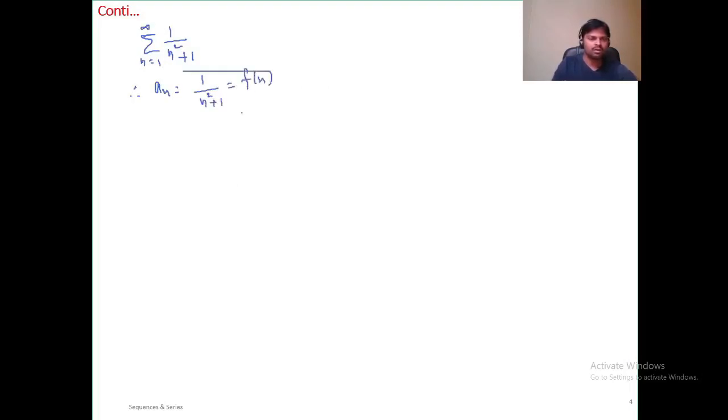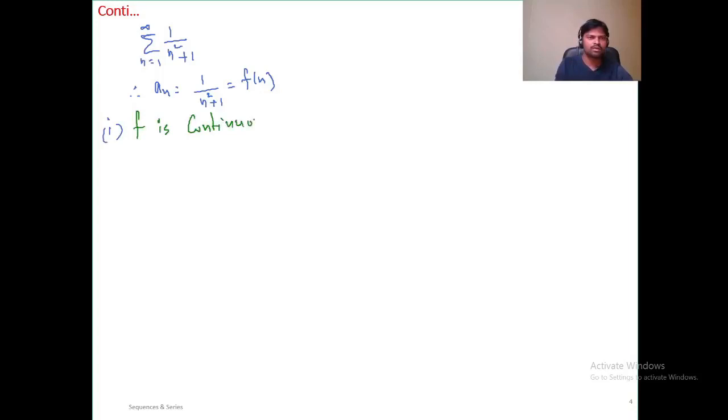What I want is for f to be continuous. Is it continuous? Yes, because when you substitute all the natural numbers, n is 1, n is 2, n is 3, each and every number is well defined. Therefore f is continuous.